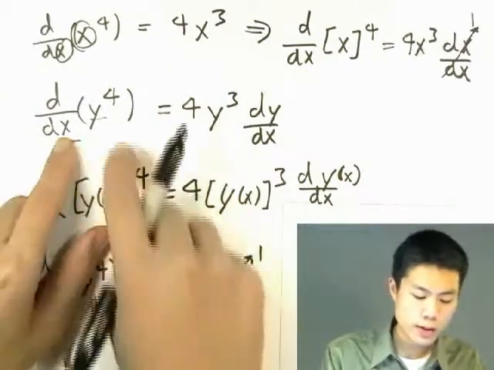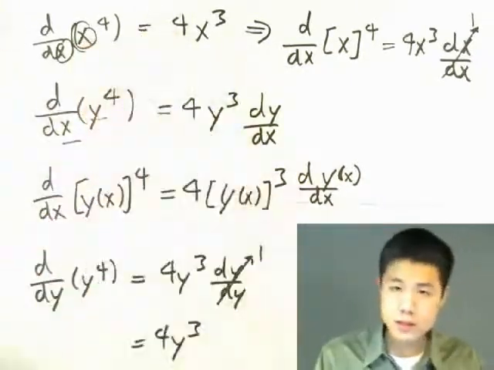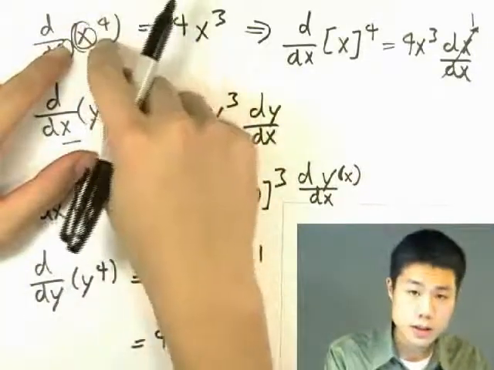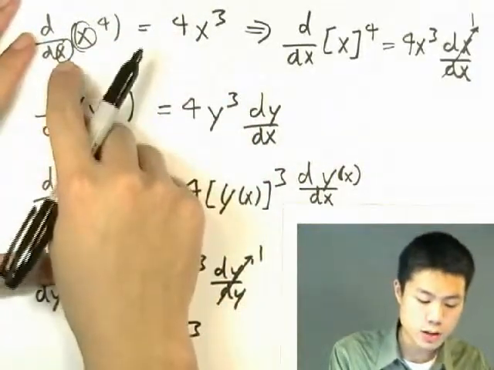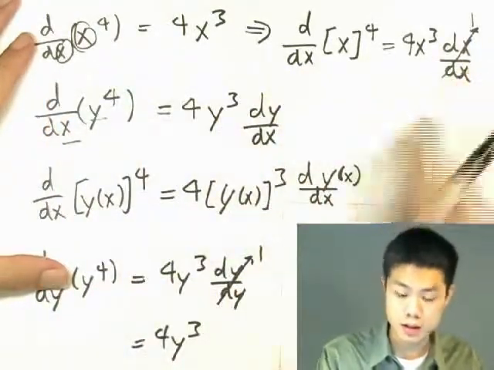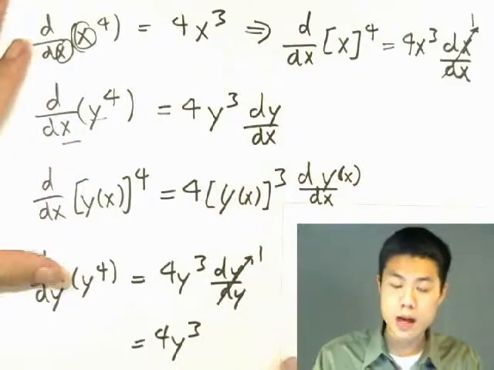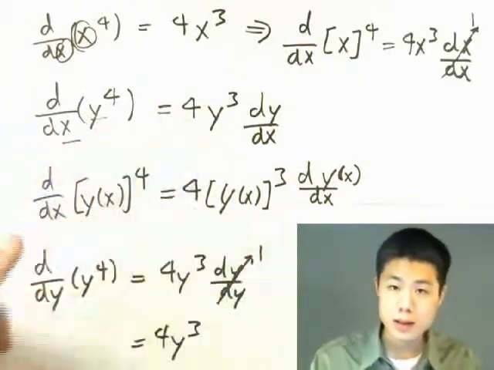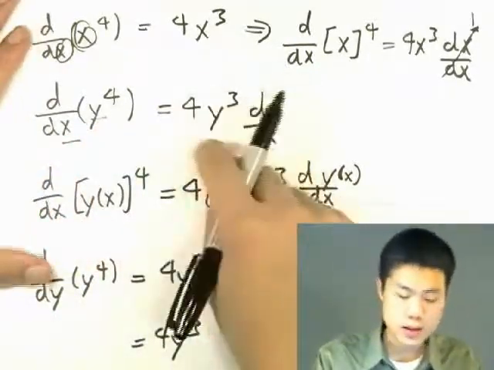So we learned here that only if the function is in terms of whatever we're taking the derivative with respect to does this thing disappear. However, if it's in different variables, we can still use some calculus.